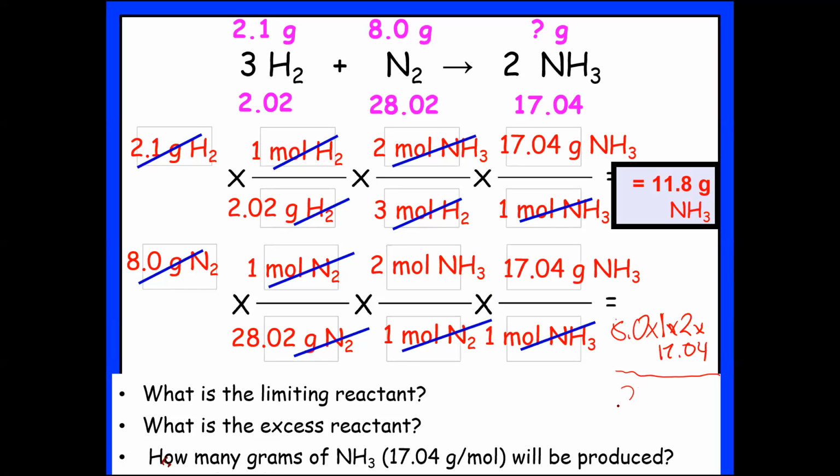Ricardo, you're going to calculate this because I lost track. It's 8 times 1 times 2 divided by 17.04 divided by 28.02. Wait, I'm skipping the 1 times 2 times what? Okay, go ahead, Ricardo.